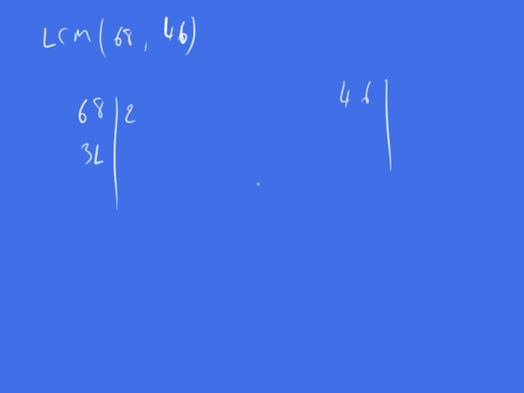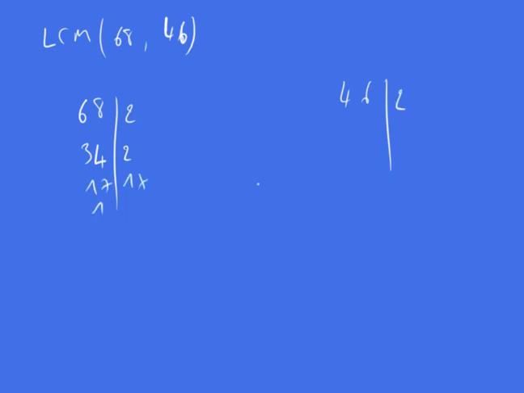LCM, by the same process, LCM of 68 and 46. The factorization of 68 and 46. 68 divided by 2 is 34, by 2 is 17, by 17 is 1.